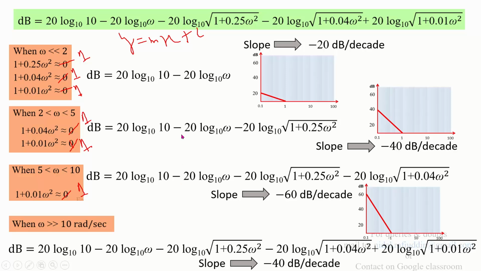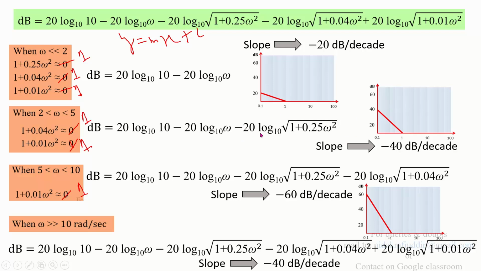So let me explain this also. Because this is minus 20 log x, so you have minus 20x, then you have minus 20x again, and in fact these are log terms. So if you try to consider this particular term, what is the slope of this expression?